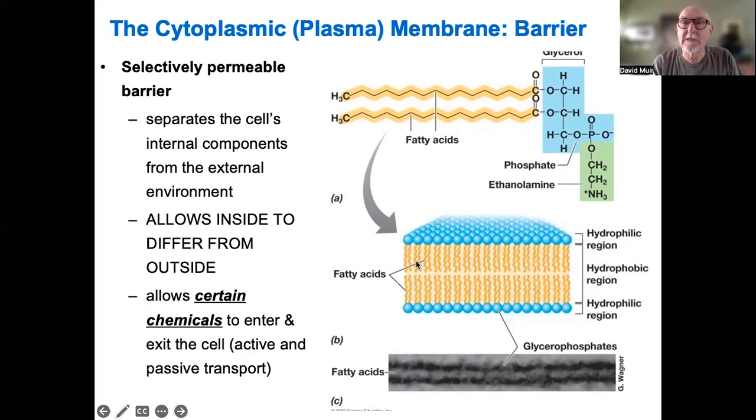These are the hydrophobics. But the only way they could keep entirely away from water is to have another layer. Here's another layer, hydrophobic. Now there's a sandwich, hydrophobic, totally excluding water. Both sides, there and there, are dissolved in water, and everybody is happy.